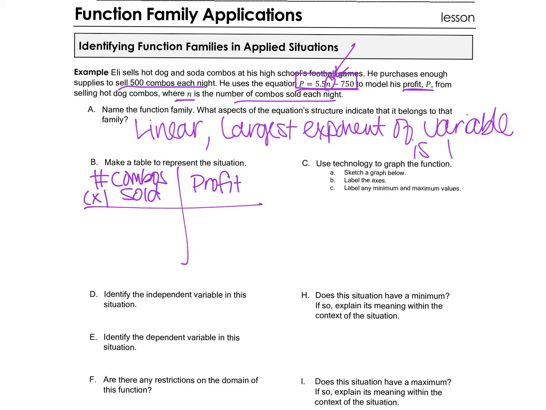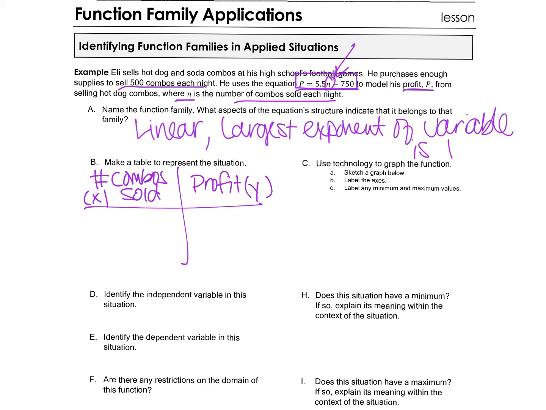Remember, we talked about profit the other day. It's how much a company is making from selling a product. So in this case, we take the total sales, we take away the cost to purchase, or the supplies in this case. So the 5.5 times N is representing how much they're selling each combo for, and then they're taking away the 750, which in this case, it would be the supplies for the hot dog and soda combos. So this is your Y.